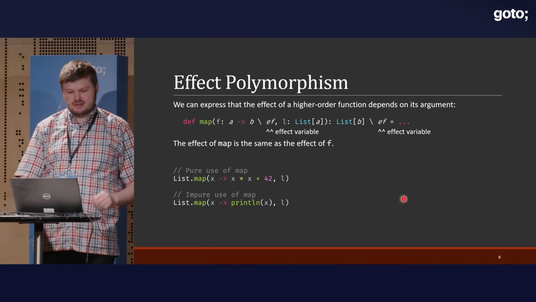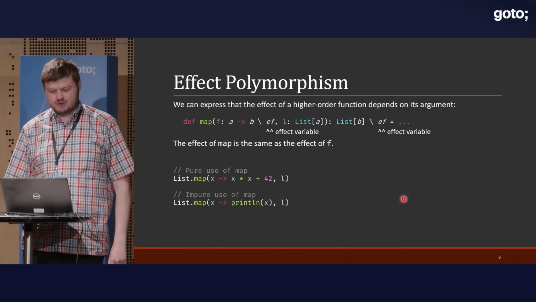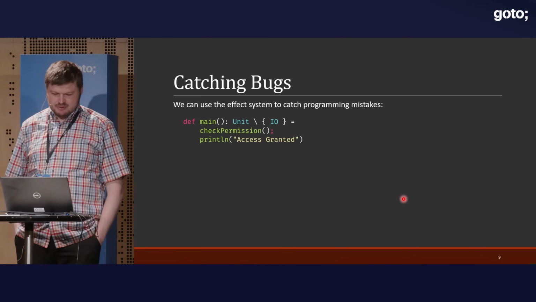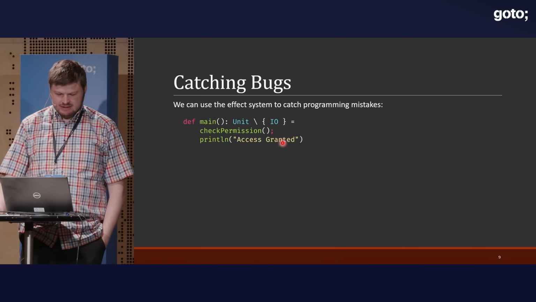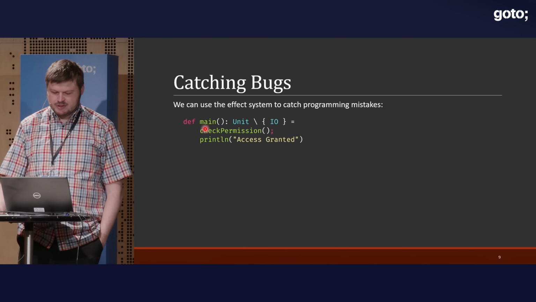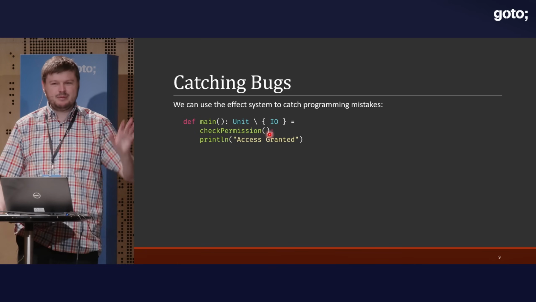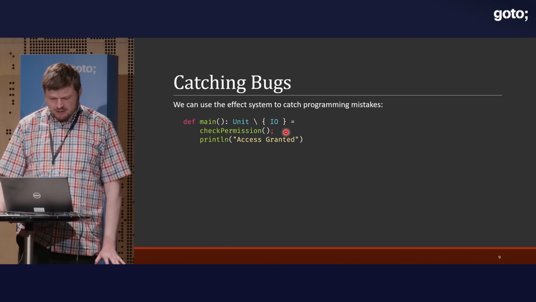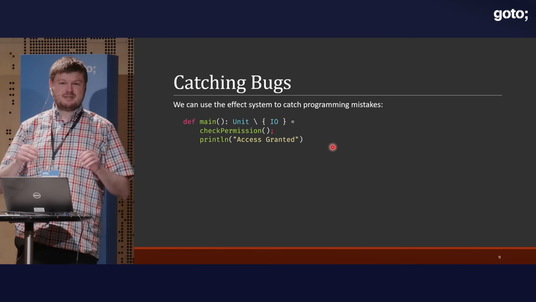We can also use the effect system to catch some simple bugs. Here's a function, and well, what are we supposed to do? We check permission for something. Maybe there is some check permission function, and if that goes well, whatever that means, then we print access granted, right?